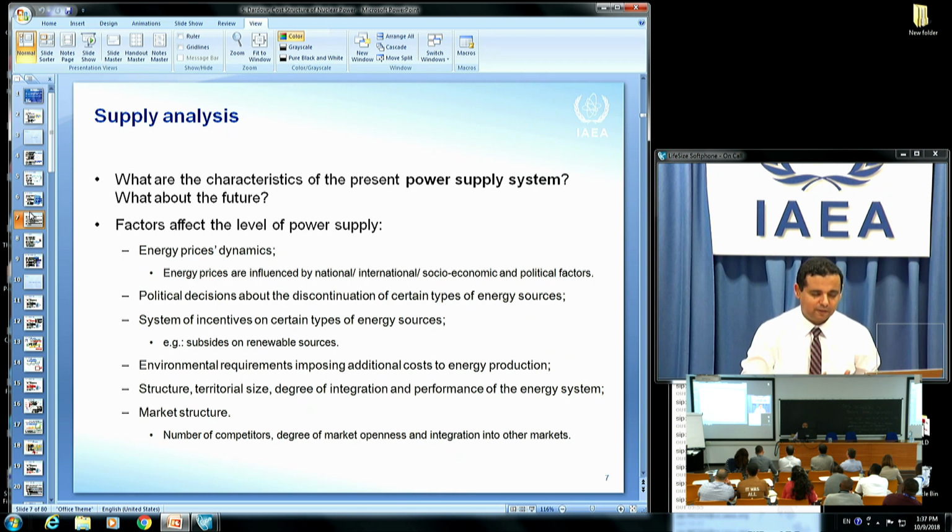In Europe, for instance, in some countries, Switzerland, Germany, a political decision has been made to phase out nuclear. That would definitely affect the level of supply. The existing grid and its interconnection with grids from neighbor countries, that's also something that can affect the level of supply.